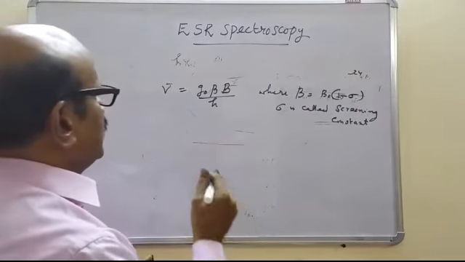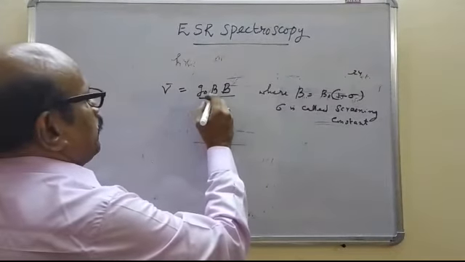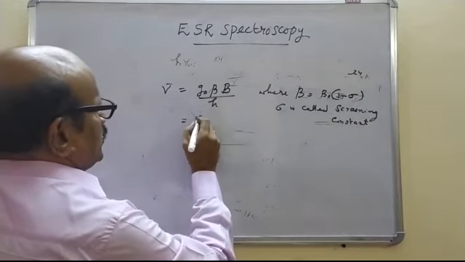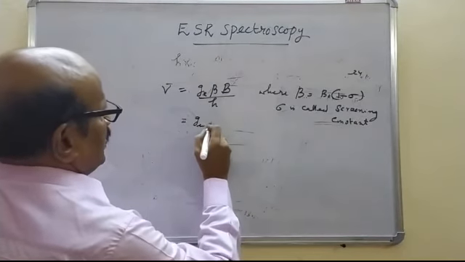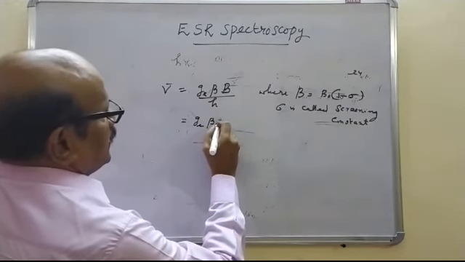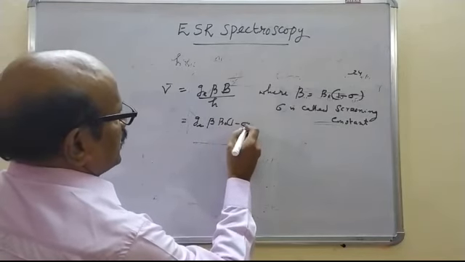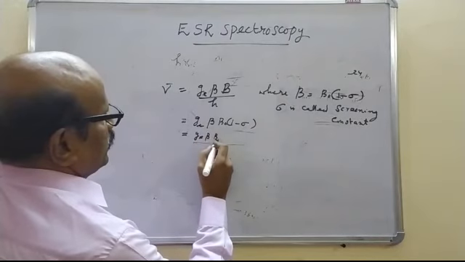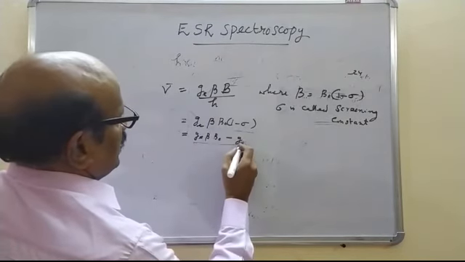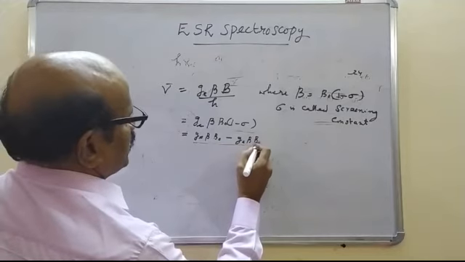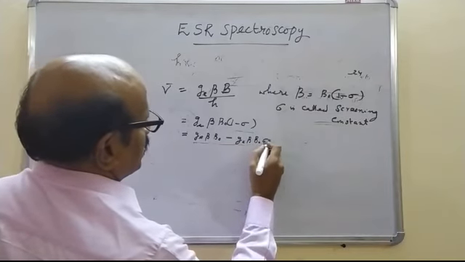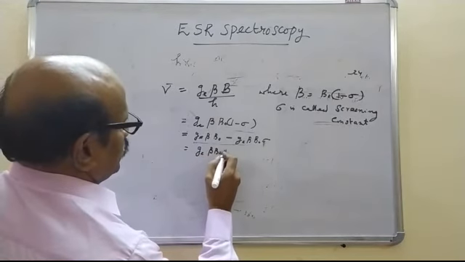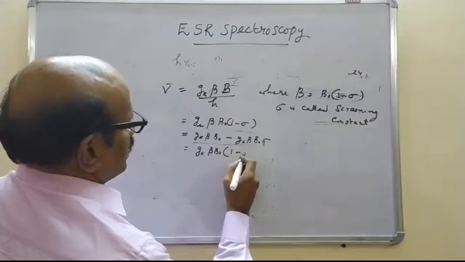Thus, we have the equation nu bar is equal to g beta B by h, that is equal to g beta B0 into (1 minus sigma), that is equal to g beta B0 minus g beta B0 sigma, that is equal to g beta B0 into (1 minus sigma).